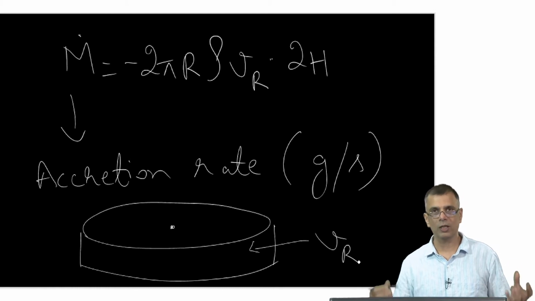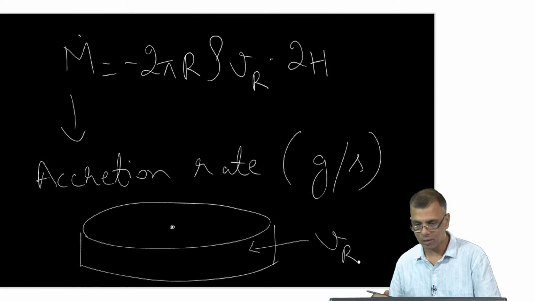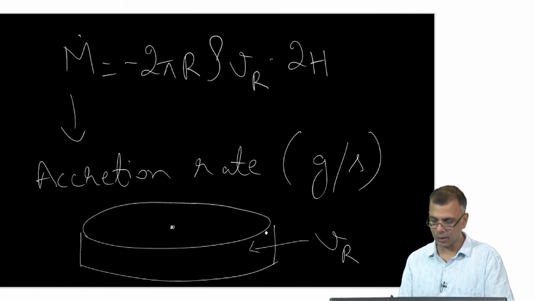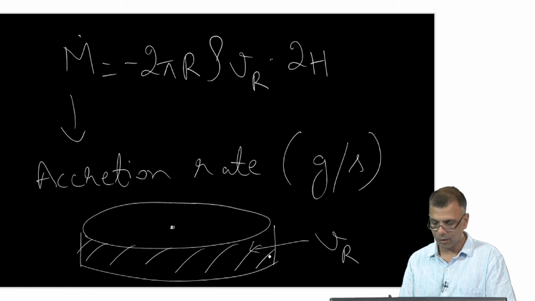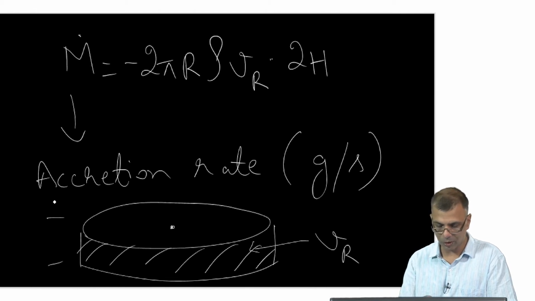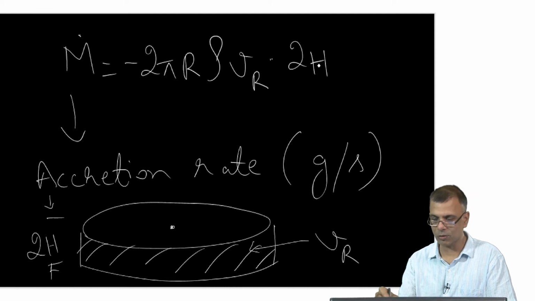Of course, V r is much smaller than V phi. It's sinking in through this side surface, the area of which is 2 pi r times 2h. 2h would be the height of the disk. So 2 pi r times 2h times rho times V r gives you grams per second.